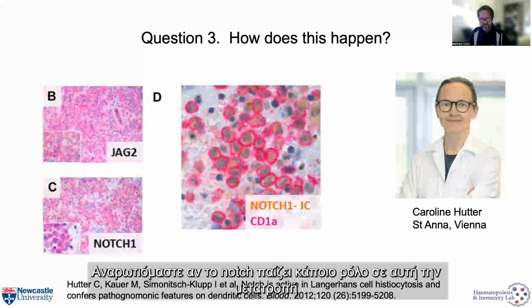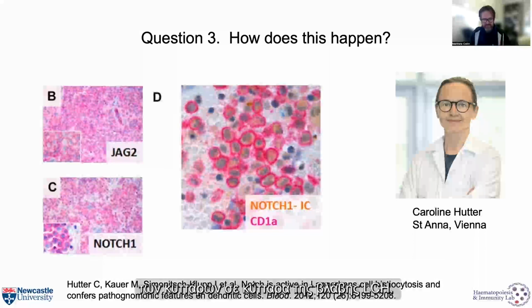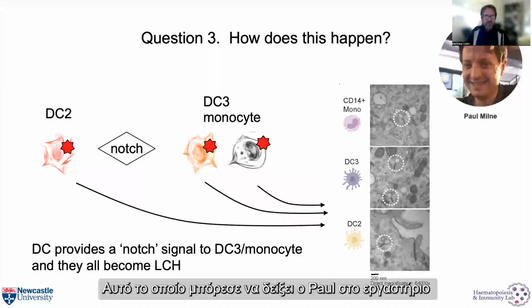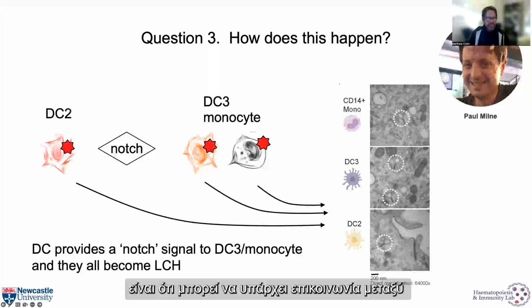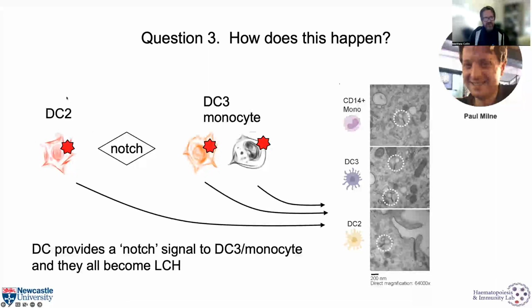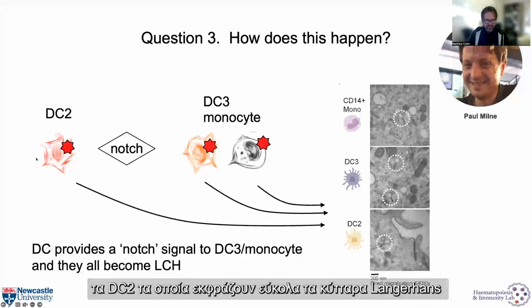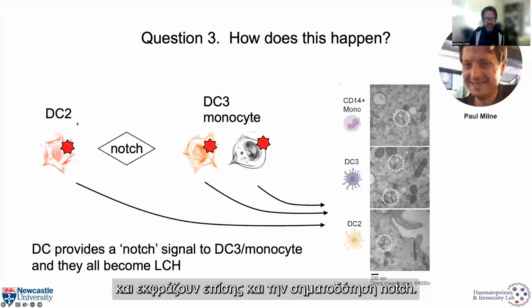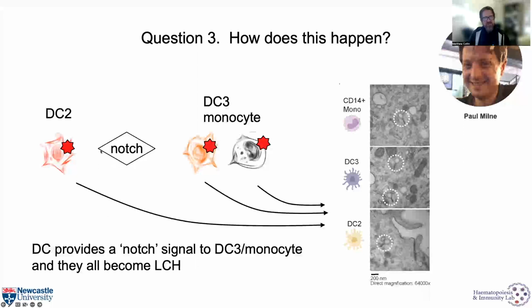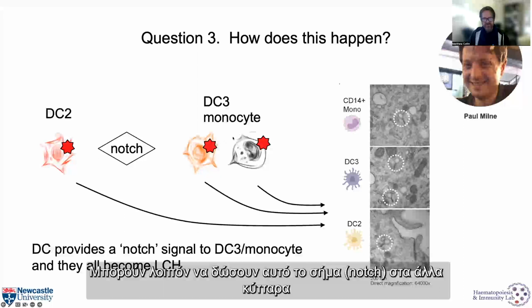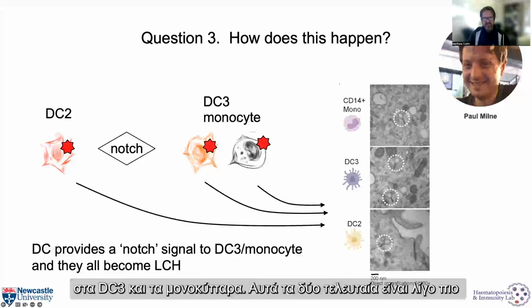So we wondered if Notch might play a role in this conversion of the blood cells into the Langerhans cell lesion. And what Paul in the lab was able to show was that there was a communication between the two dominant groups of cells within the lesion. So the DC2s, which readily express Langerin when you culture them in vitro, they also express Notch ligands, so things that can give a Notch signal to these other cells, DC3 and monocyte.